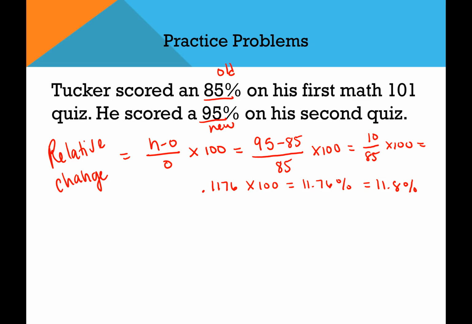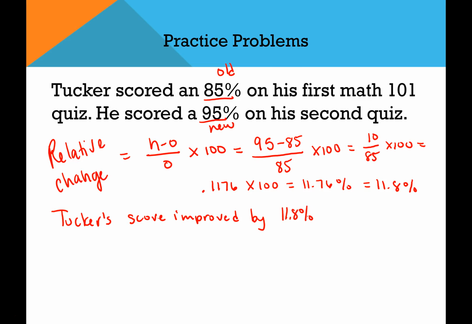Okay, how am I going to make this sentence? I'm going to say something like, Tucker's score improved by 11.8%.